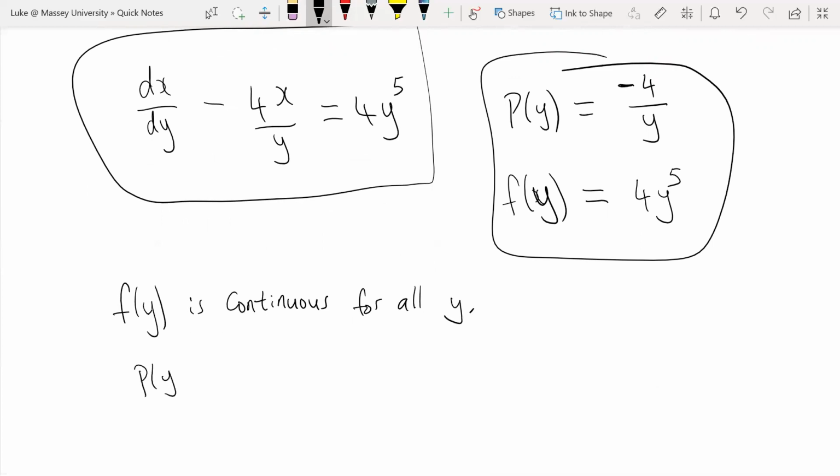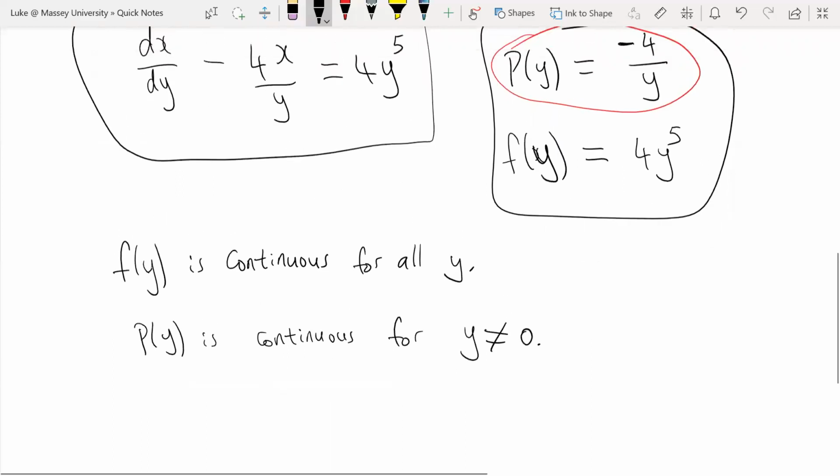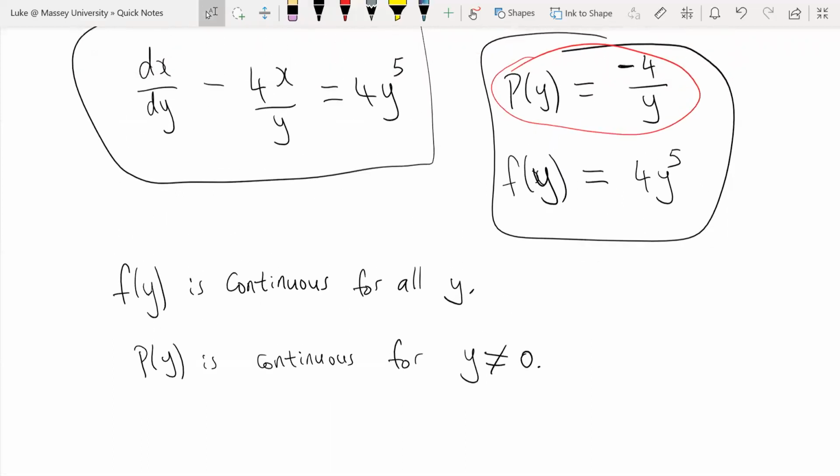P of y is continuous for y not equal to 0. There's a problem with this function p if y equals 0, because then we divide through by 0, and that doesn't work very well. So the only problem point out of these two functions is y equals 0.